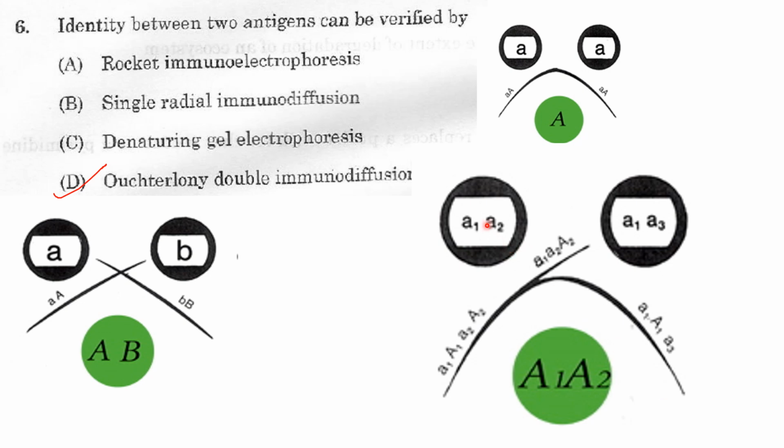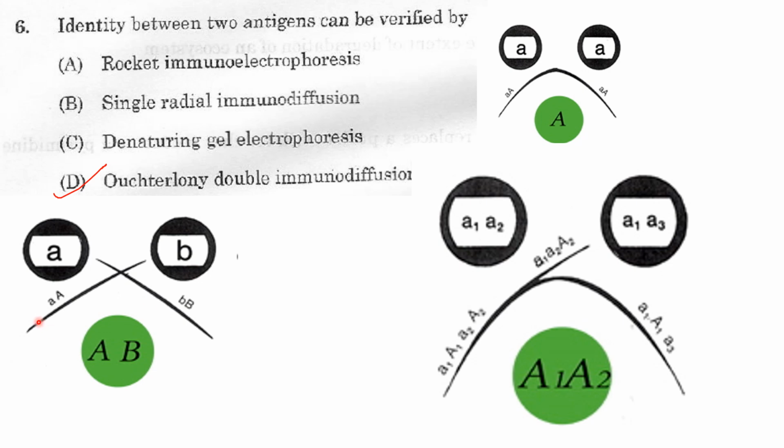But since this epitope is different, it is A2 here and A3 here, and the antibody has A2, it will react with this antigen and give rise to a spur. So that is the case of pattern of partial identity. And pattern of non-identity means the antigens present in both the wells are entirely different.